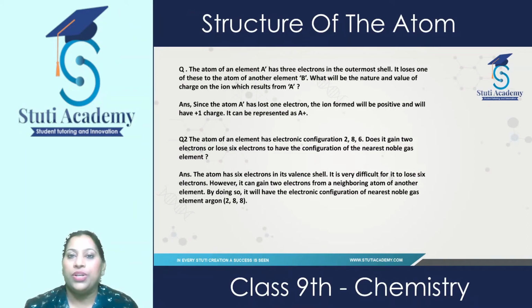Now, what type of question can come? First is, the atom of an element A has 3 electrons in the outermost shell, and it loses one of these and gives it to the other element B. What will be the nature and value of the charge on the ion which results from A?